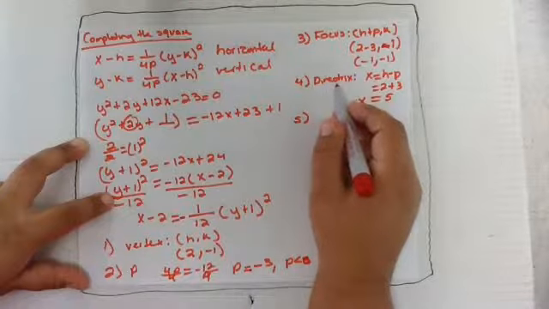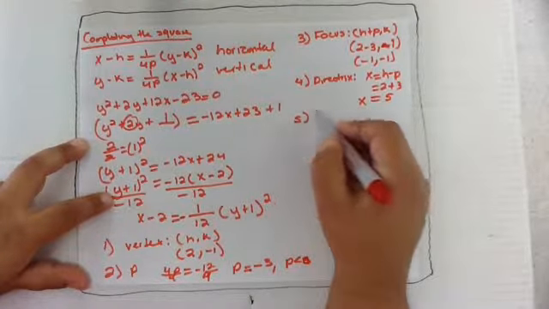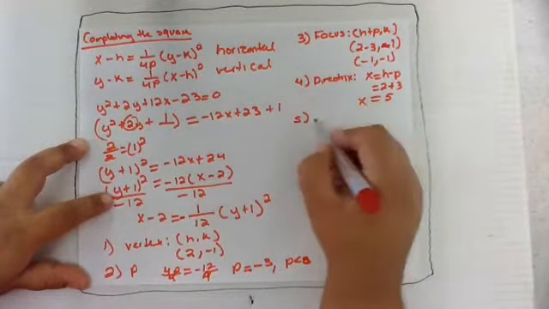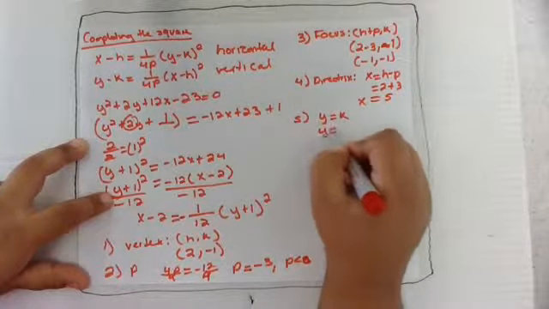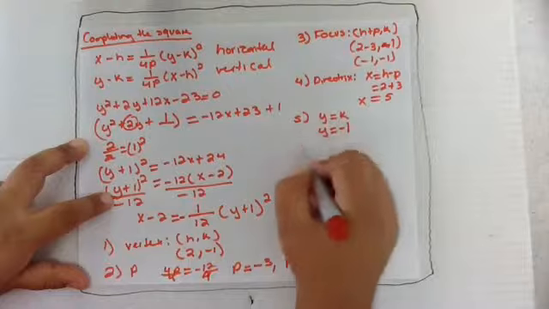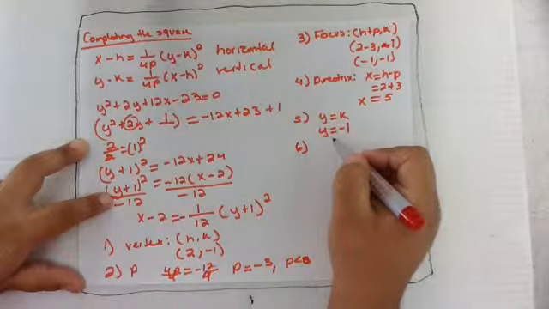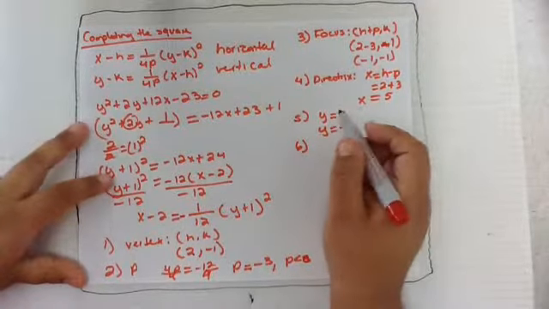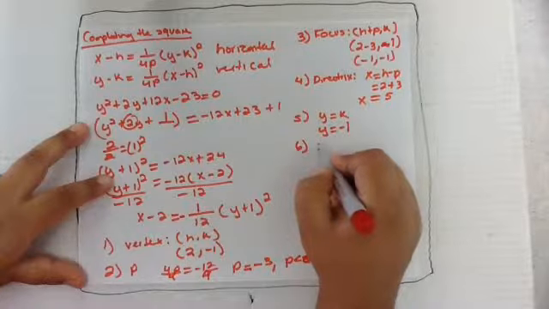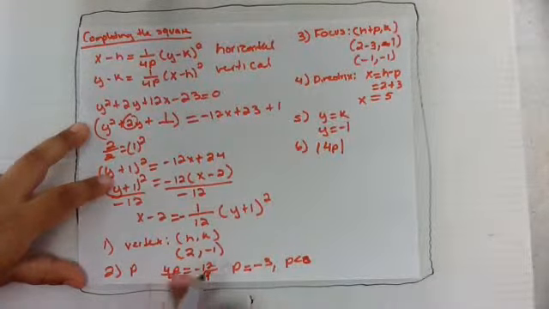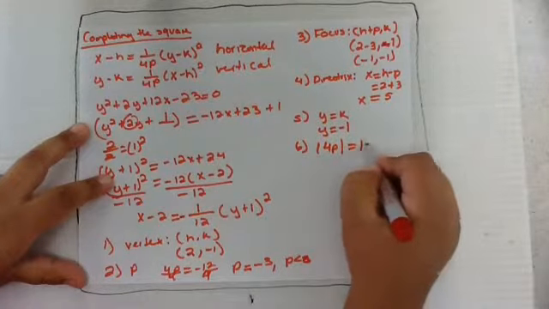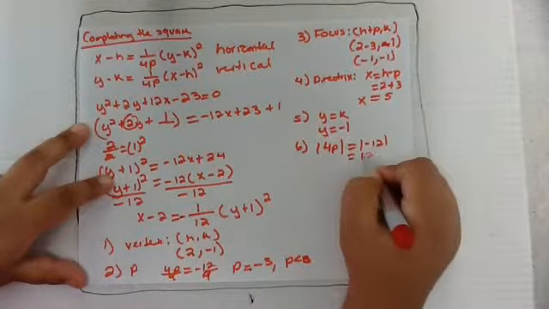Now we need to find the axis of symmetry. The axis of symmetry for a horizontal parabola is going to be at y equals k. So y equals negative 1. If we want to find the length of the latus rectum, remember that it's the absolute value of 4p. 4p is negative 12, so the absolute value is 12.